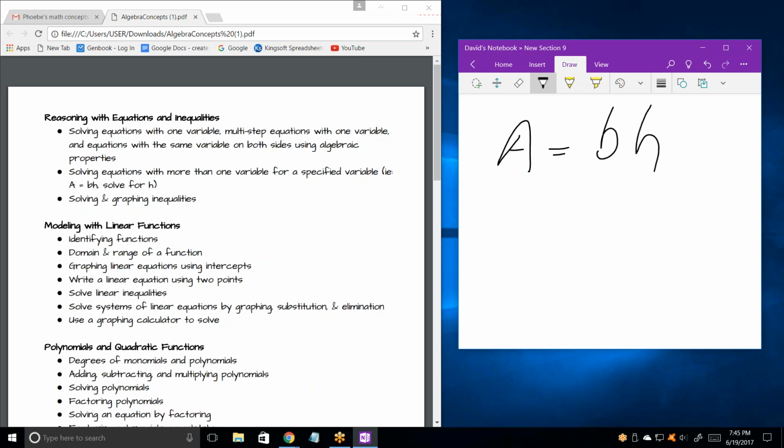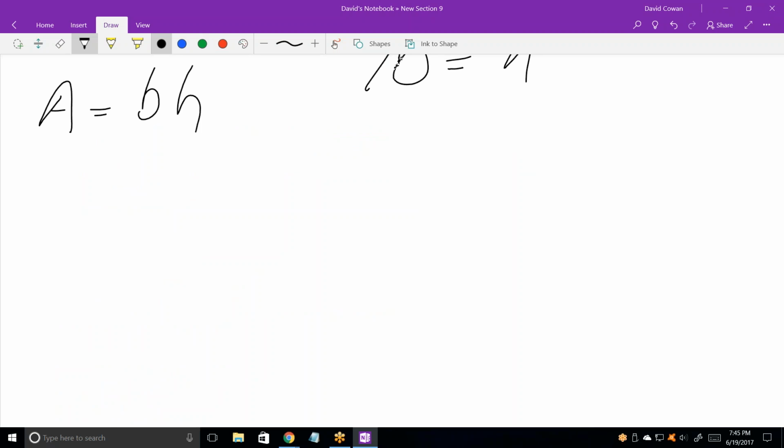Or at least I don't remember. Okay. When we have a variable that we're solving for, even though it looks like we have 3 variables, it doesn't matter. If I'm trying to solve for H, my goal is to get the last step to be this. Well, how do I do that? How do I get rid of the B?